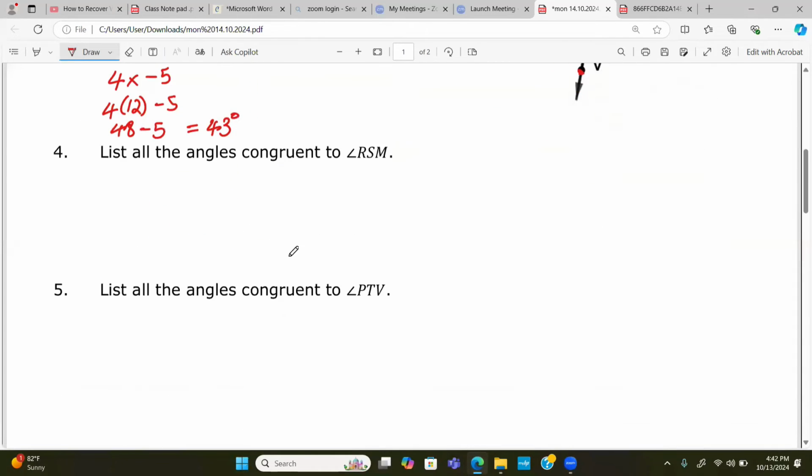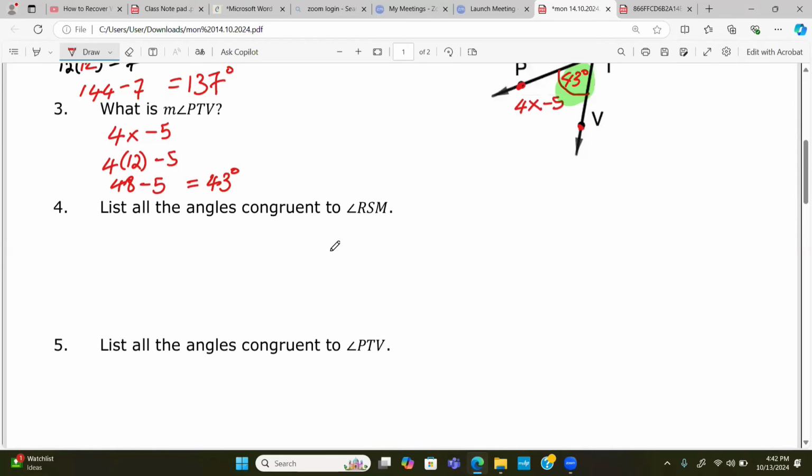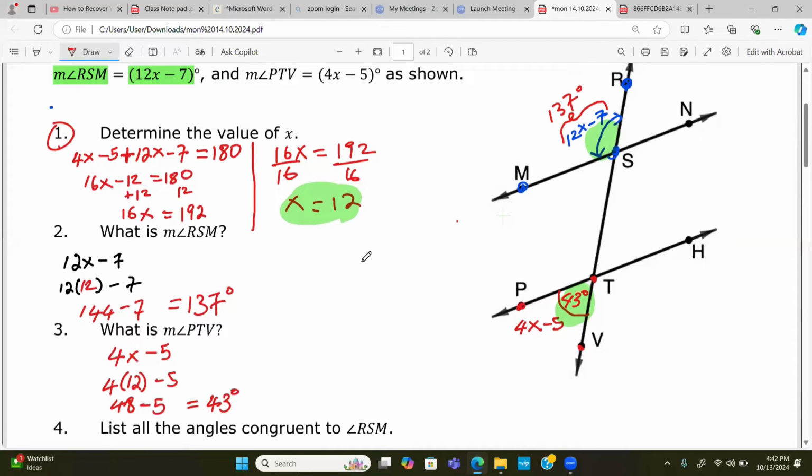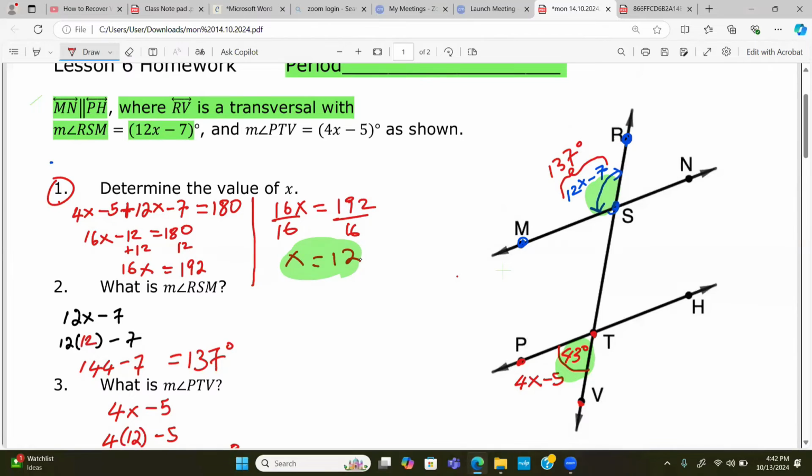Let's take a look at the last two ideas. It says here, list all the angles congruent to RSM. So let us take a look at RSM. Let me take off some stuff. RSM is right here, this angle right here. So I'm going to put it right here, 137, right? I'm going to take off these.